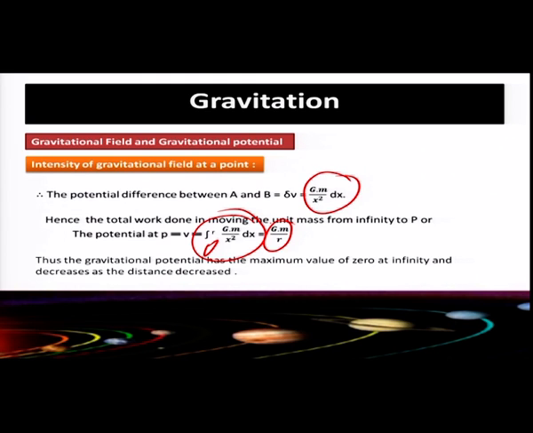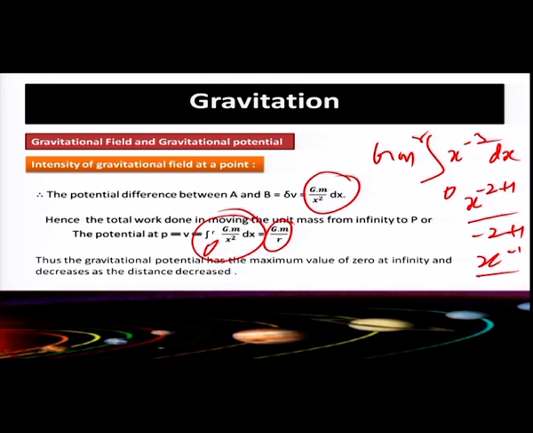So, we will integrate and see. Gm is a constant, and you integrate from 0 to r, x power minus 2 dx. Therefore, I can write x power minus 2 plus 1 divided by minus 2 plus 1, or x power minus 1 divided by minus 1, which is minus 1 by x.